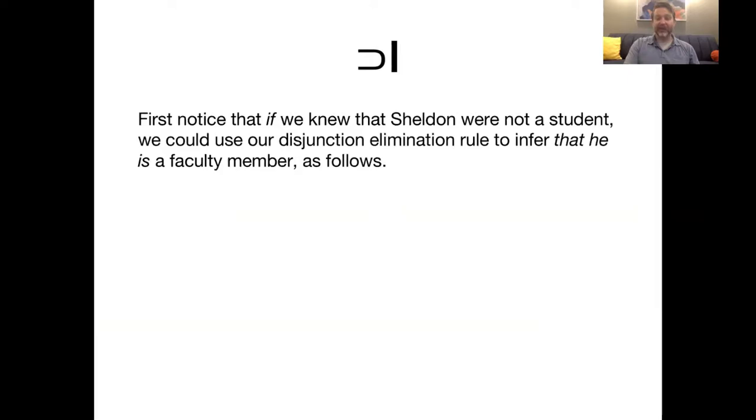So again, let's walk through the reasoning. Notice that if we knew that Sheldon were not a student, we could use our disjunction elimination rule to infer that he is a faculty member as follows. So we could say either he is a faculty member or a student, and if we know he's not a student, then we can use disjunction elimination to infer that Sheldon is a faculty member.